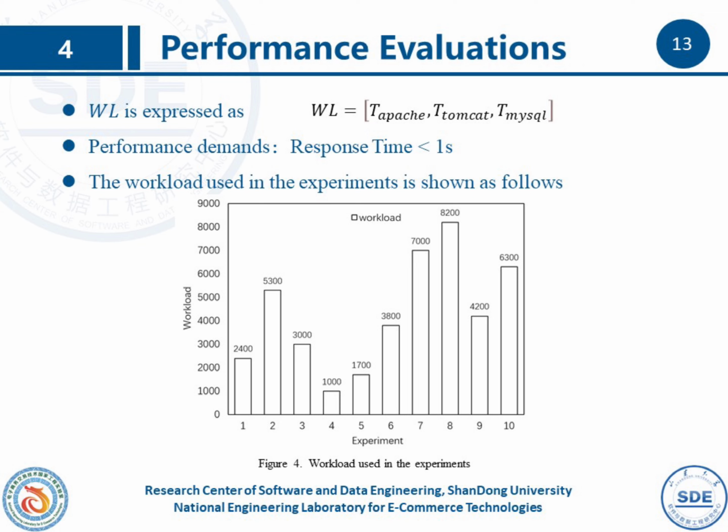In our multi-tier system, WL is as follows. We set the performance demand, response time, to less than 1 second. The workload used in the experiments is shown in the figure. The change in workload reflects the dynamics, such as increase and decrease of workload.